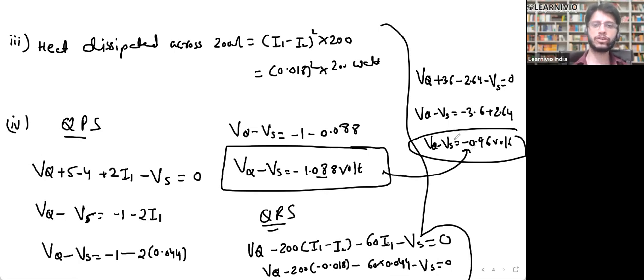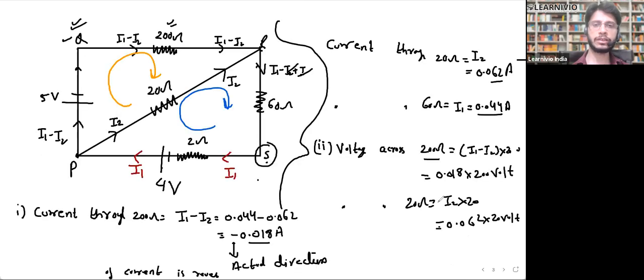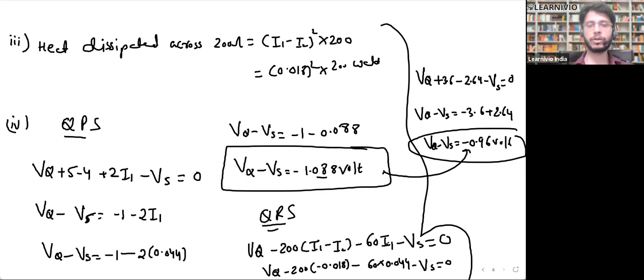So this small difference is due to the approximation that I'm taking while subtracting and while converting them from fraction to decimal. That's why. Otherwise, you would have got the same answer. Clear, Abdullah? Yes, sir. If you don't convert this to decimal, you take exact fractions, then VQ minus Vs from both the paths will lead to the same value, exactly the same value. Fatma and Mariam, is it clear now?